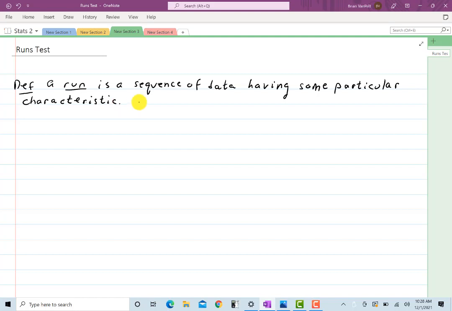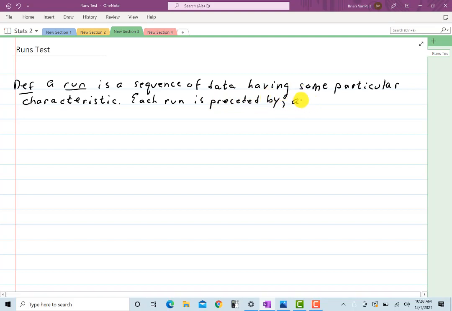Each run is preceded by and followed by data with a different characteristic.